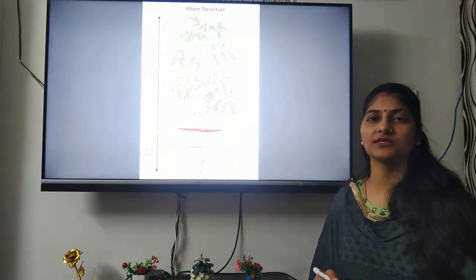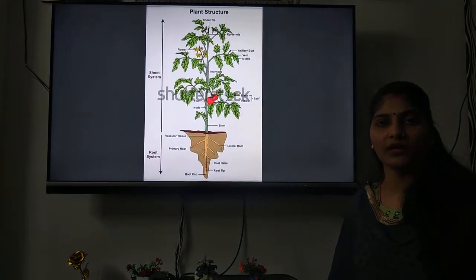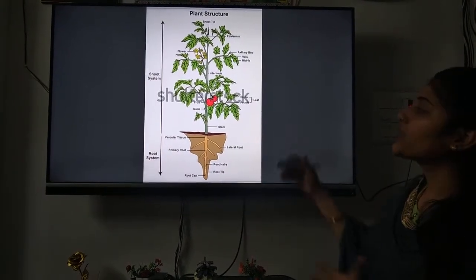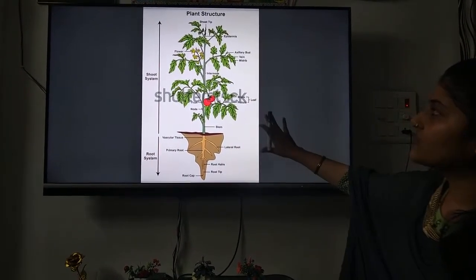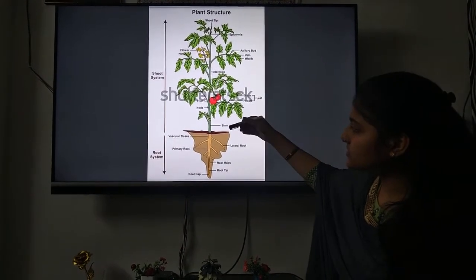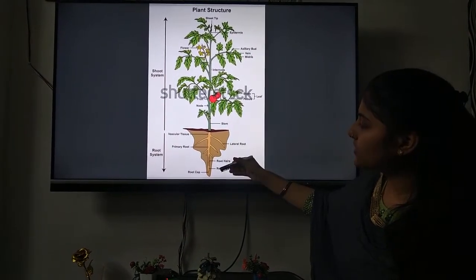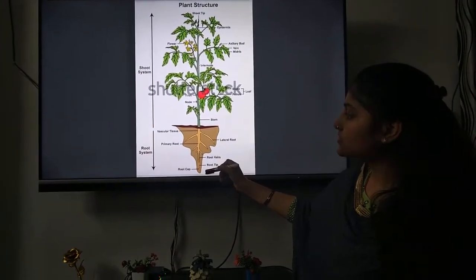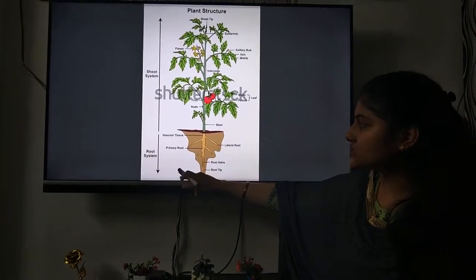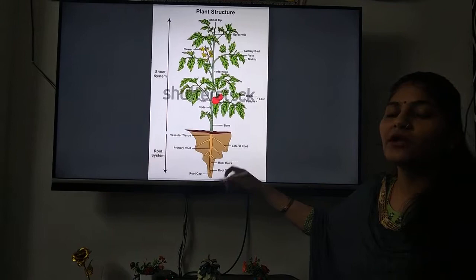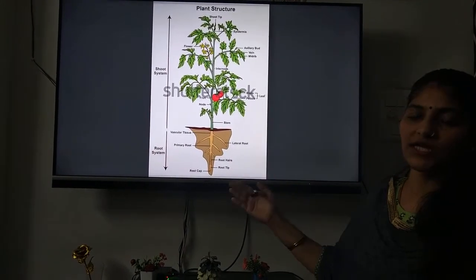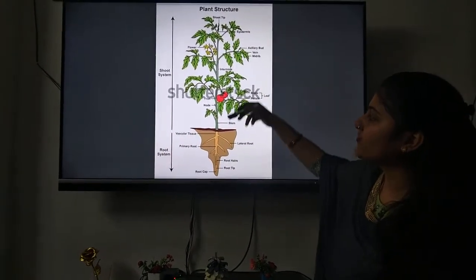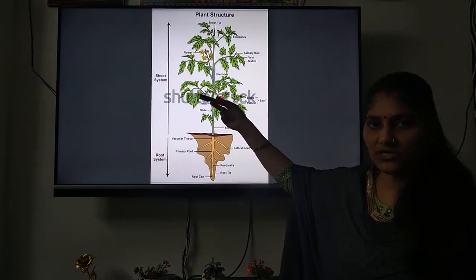As we are going to learn the plant parts which we use as food, let us first understand the plant structure. As you can see in this diagram, this is the layer of soil. Beneath this soil layer we have the root system, the roots inside the soil. There we can have different types of roots that we will study in later classes. Above the soil layer, the whole portion of the plant we call the shoot system.